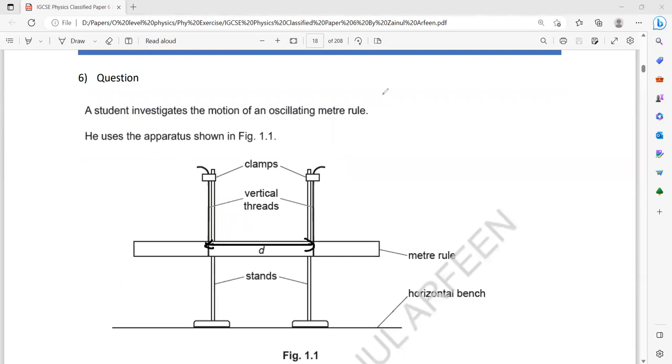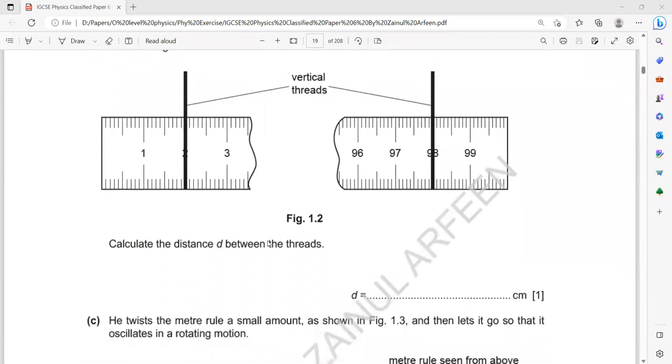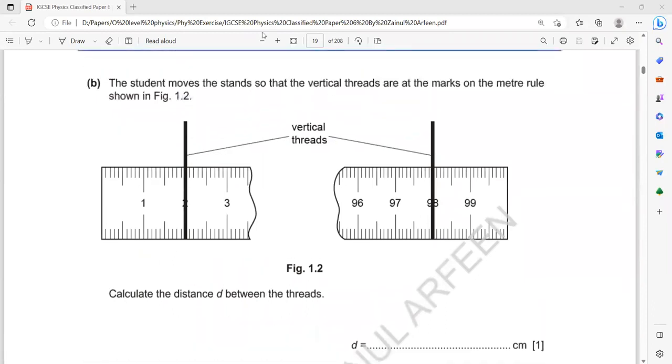The student adjusted the left hand side thread to this mark and the right hand side thread to this mark. What is the distance between them? That equals 96, and the unit will be centimeter because it is a meter rule, or meter scale. So the unit should be in centimeter.